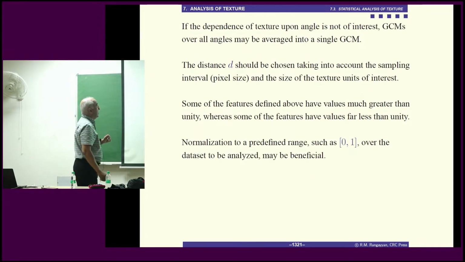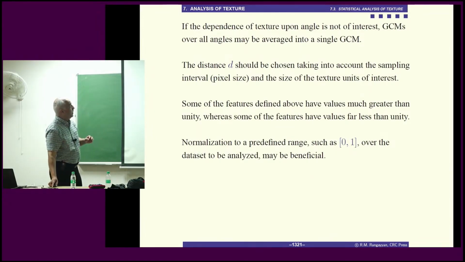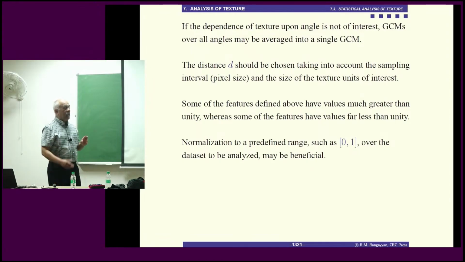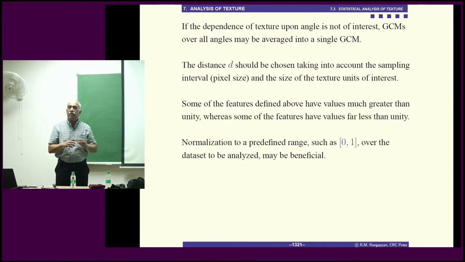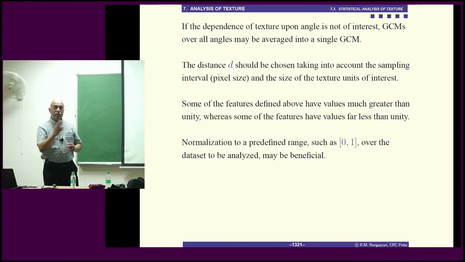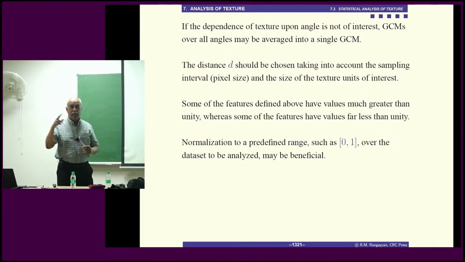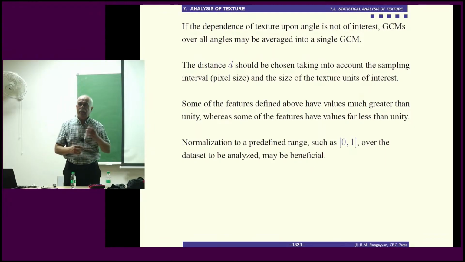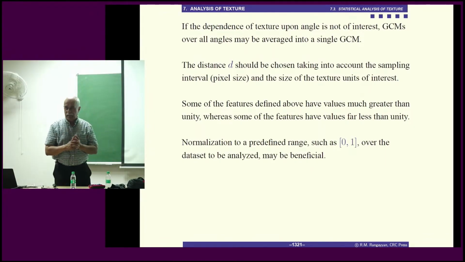Distance d should be taken into account according to the sampling interval and pixel size and the size of the texture units of interest, or you downsample the image. Resample or downsample the image and recompute. And at some resolution you may get good results and not at other resolutions. We found that in mammograms, a resolution of 200 micrometers is good.